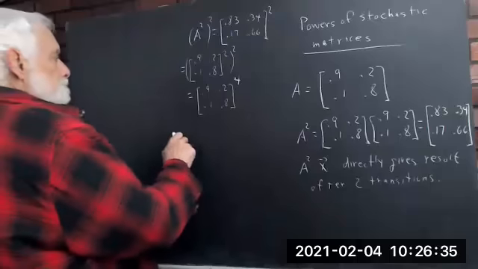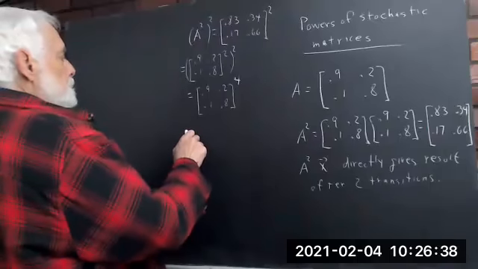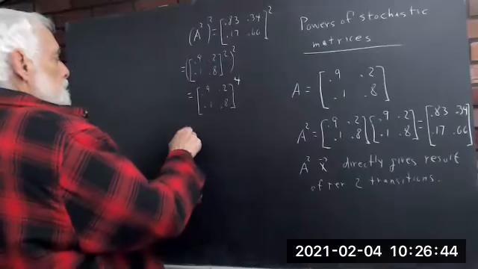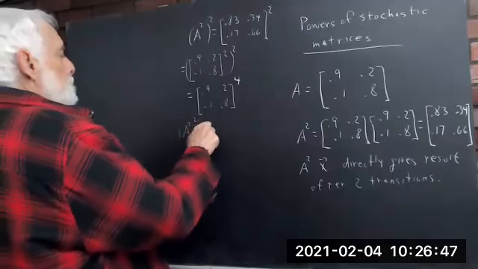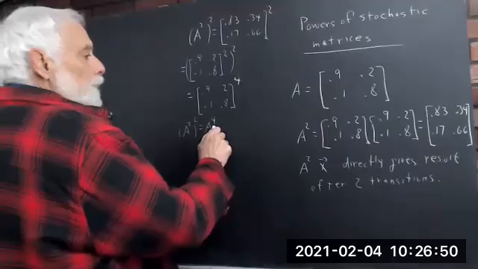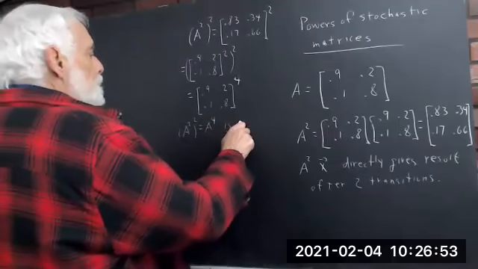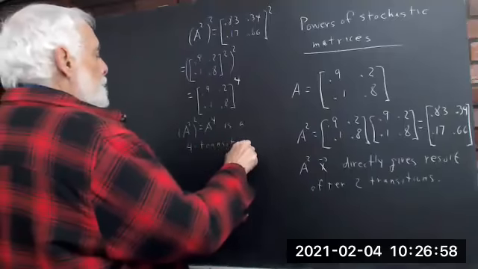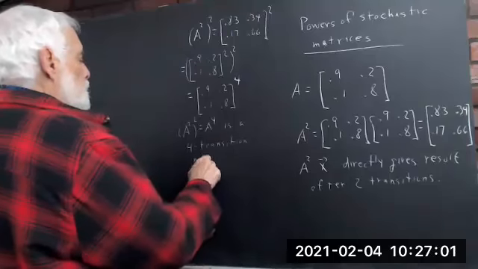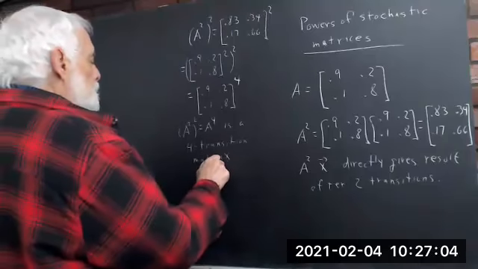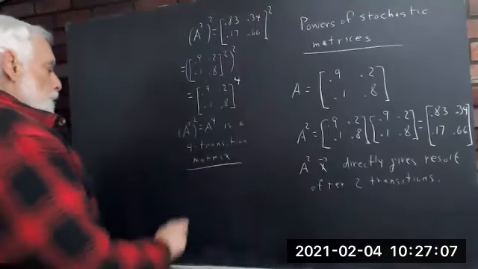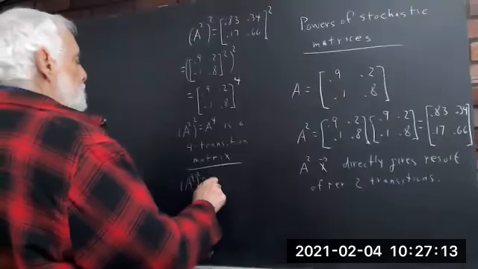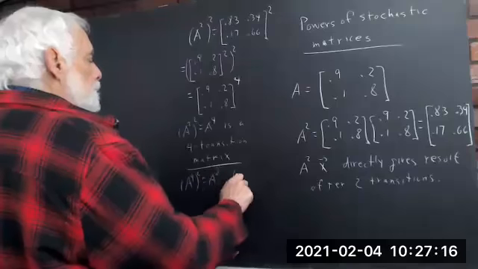Okay, and this is a 4 transition matrix. Then A to the 4th squared equals A to the 8th.